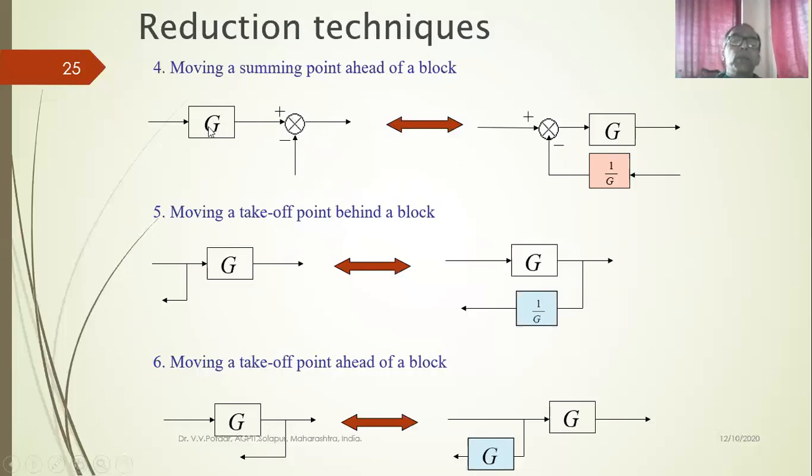I want to take this block inside the control loop. So that is moving a summing point ahead of the block. The equivalent block diagram suggests I have taken this summing point ahead of a block like this. I have taken the block inside, but in the feedback path, I have to insert 1 by G so that the overall relationship is restored. All these rules you have to remember, friends.